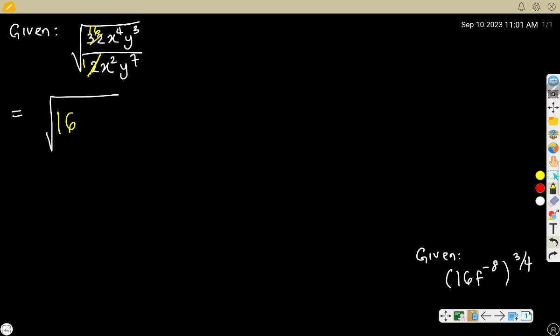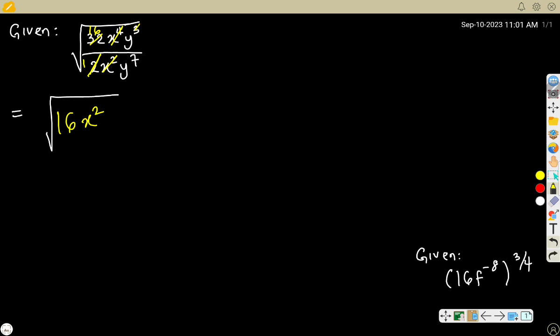Again, I have x raised to power 4 up, I have x raised to power 2 down. So x square cancels here, and it will remain x square.